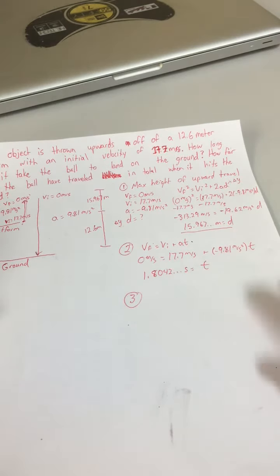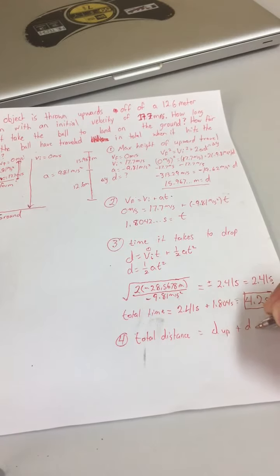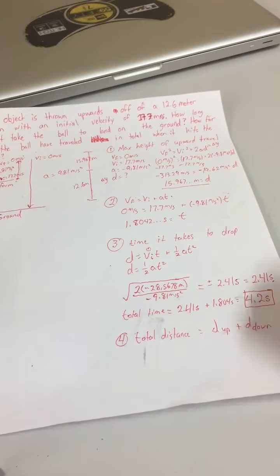If we come down to 4, we need the total distance now. The total distance is the distance that it went upwards, and then the total distance that it came back down. So using some numbers that we've already calculated, our total distance is equal to d up, we'll say, plus d down.